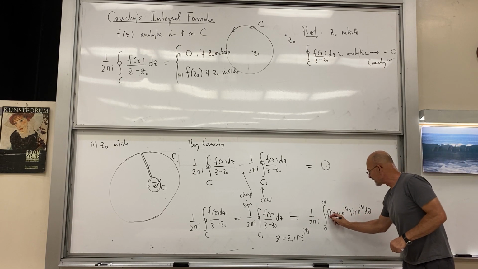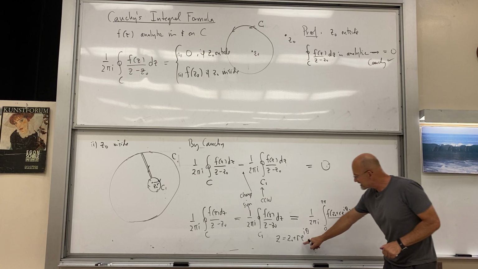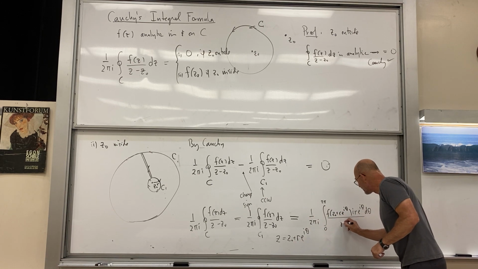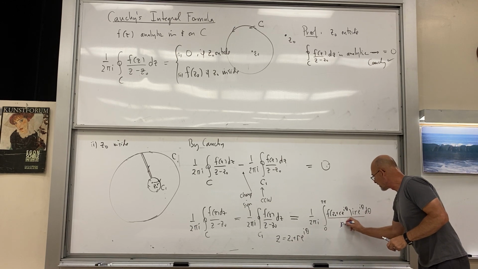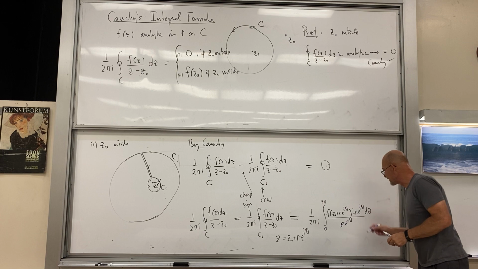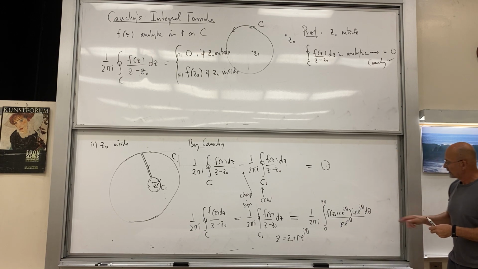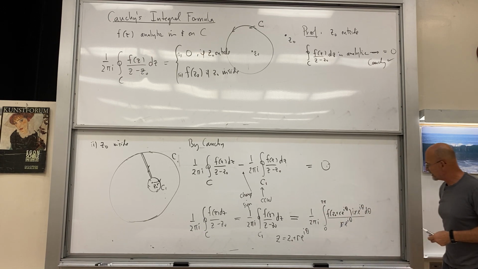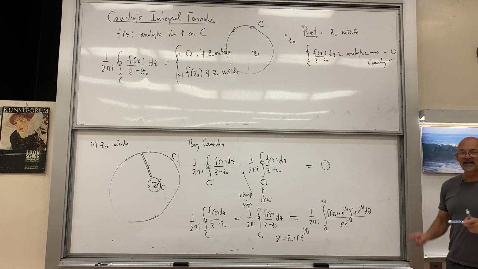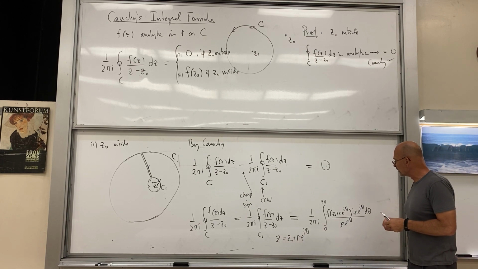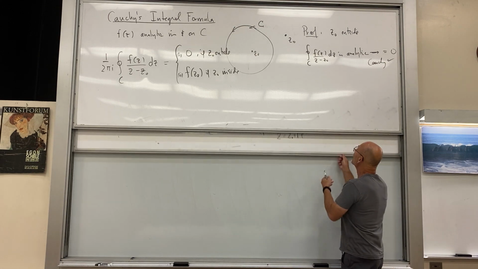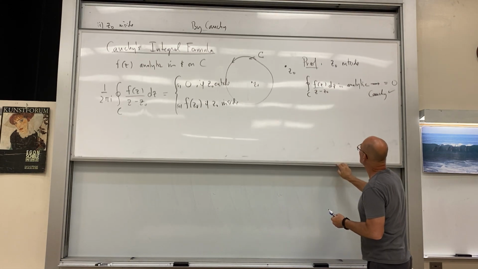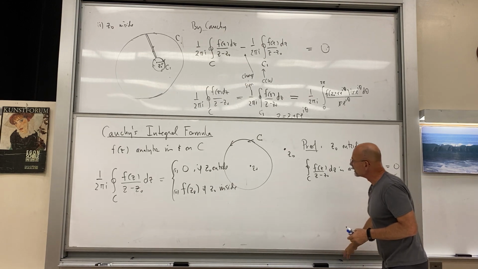What about our denominator? z minus z0 is r e to the i theta. So we cancel r e to the i theta, r e to the i theta. We can pull i out, and then we're going to take the limit as r goes to 0. We do need a little more room here.